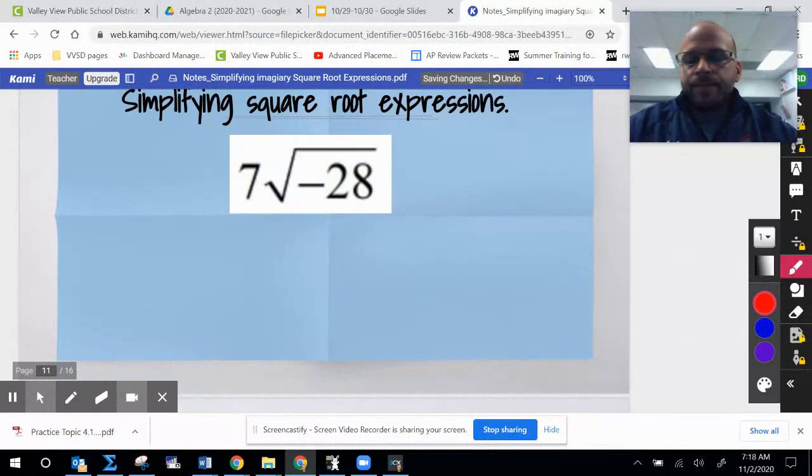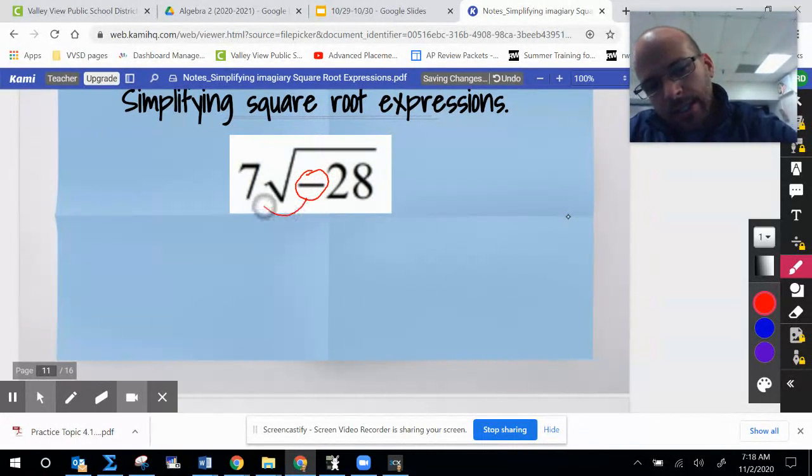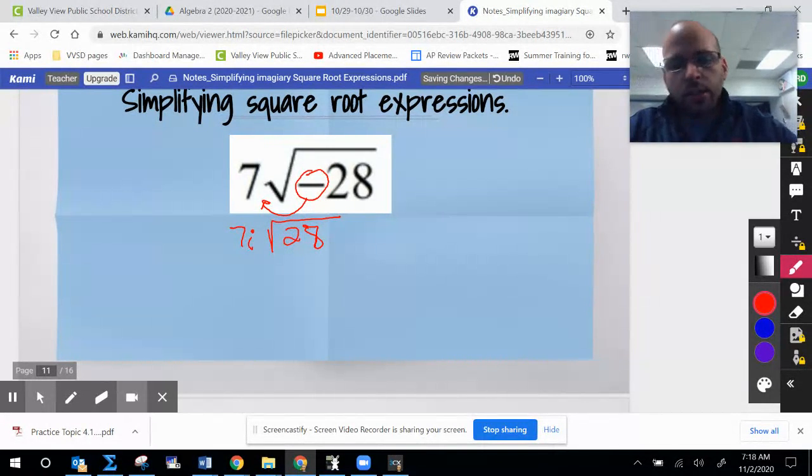Let's keep going. Now I have a 7 out front. So when I take this negative out, it's now going to become a 7i. Square root 28, not 27, 28. So if I break that down, again, keep the 7i out front. I'm going to say 4 times 7 is 28.